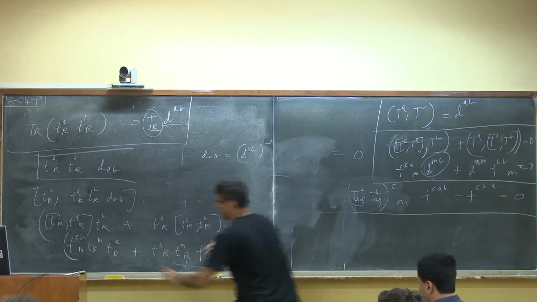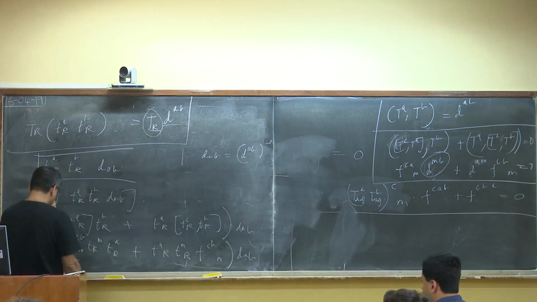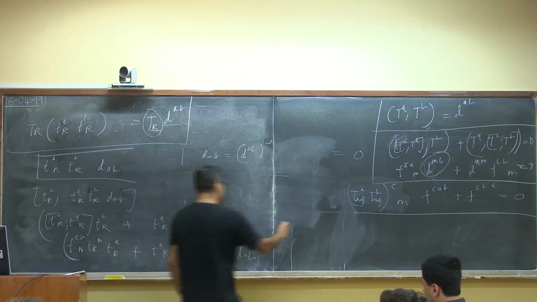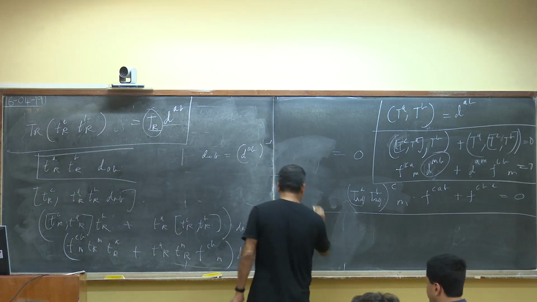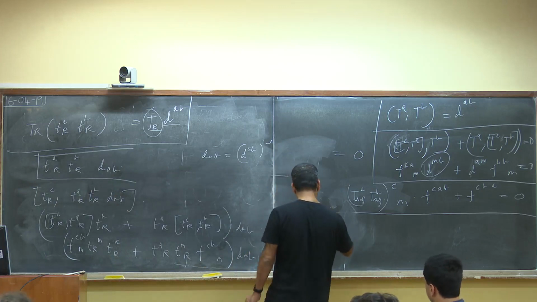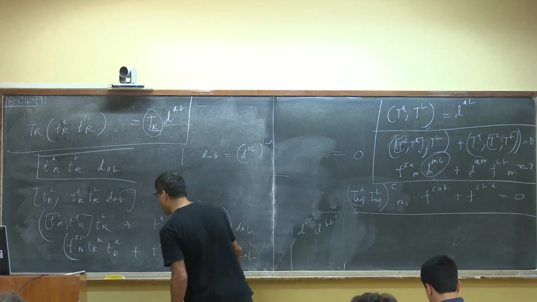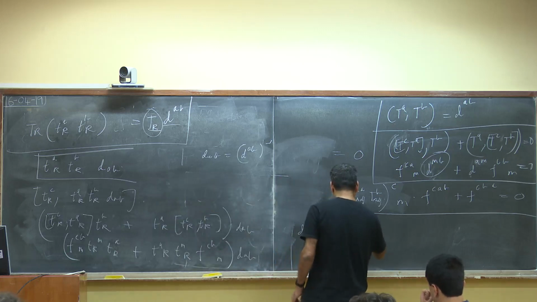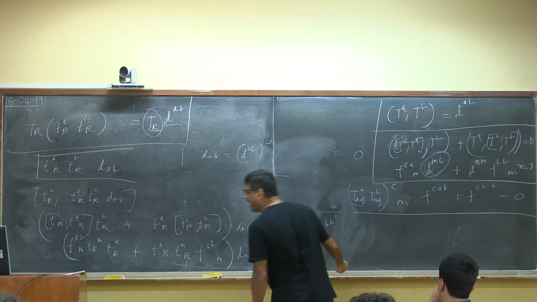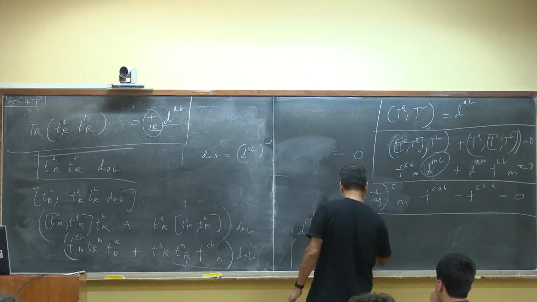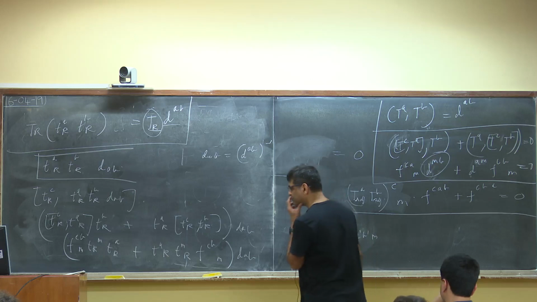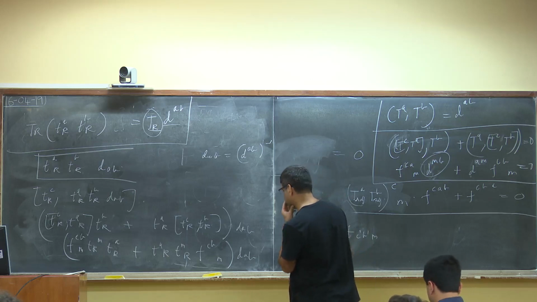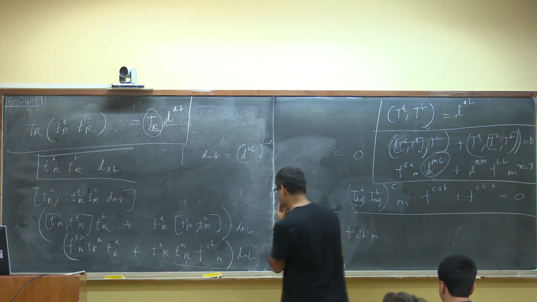So this will be D_CB, so D_CC', D_BB', T_M, F_C'B'^M.